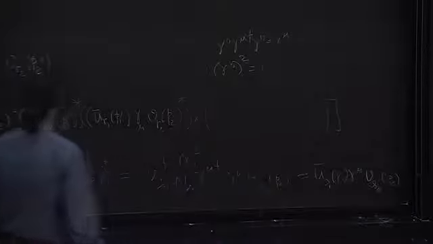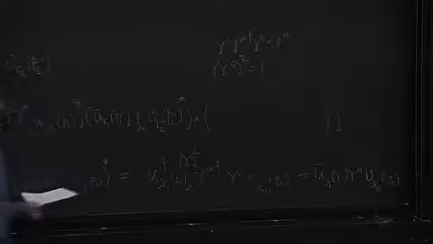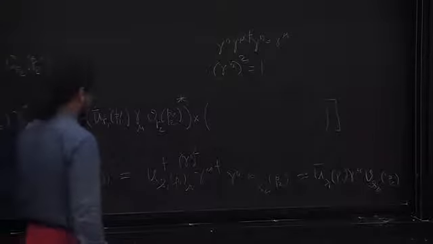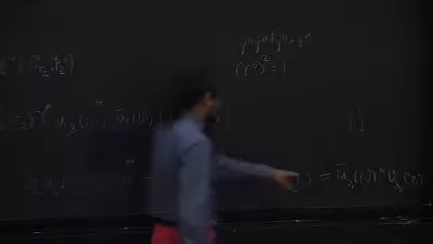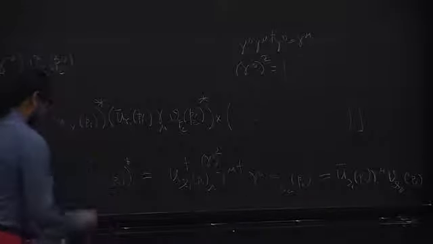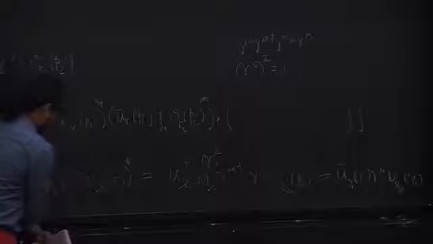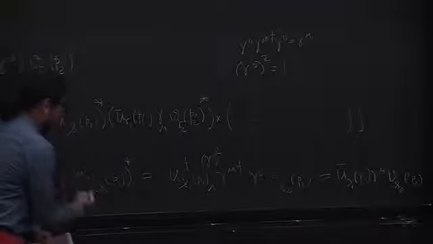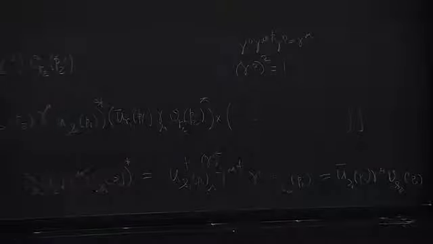Okay? So taking the complex conjugate of this reverses the order and puts bar on U. You always have to check, because in this case we have a gamma mu matrix inside. It may have been something else. You cannot just blindly do the complex conjugation.